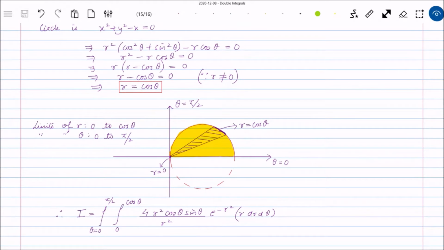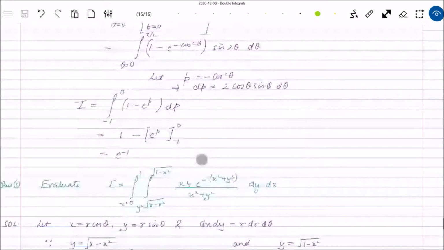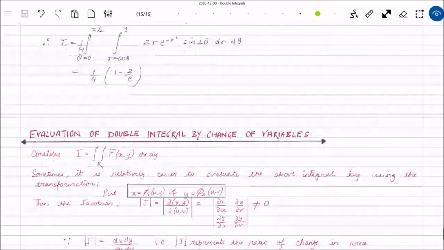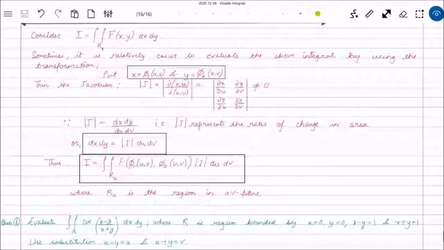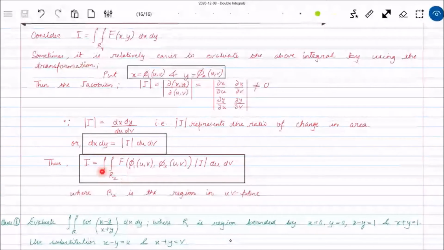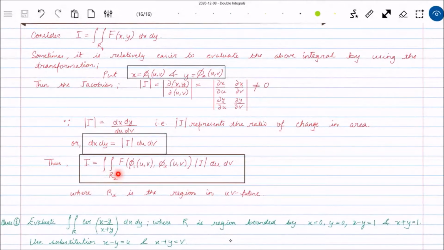The shape doesn't change when you shift from the xy plane to the r theta plane, but it changes when you shift from the xy plane to some hypothetical uv plane, which is what we are doing today. So that's why I have used a different nomenclature, R2, to show that this R2 may be completely different from this R1.